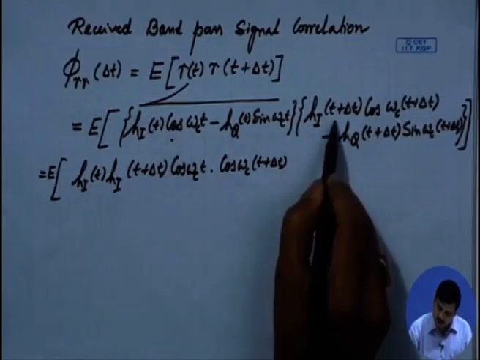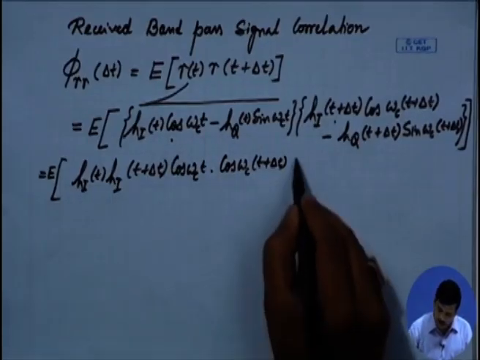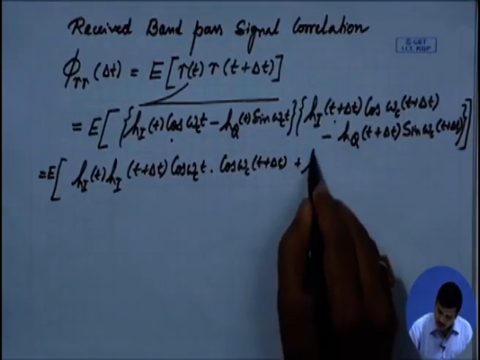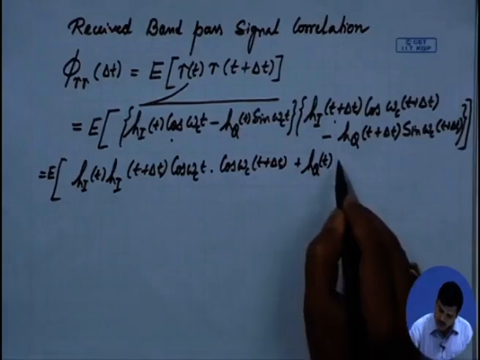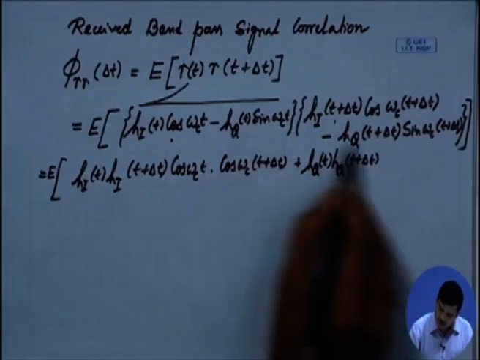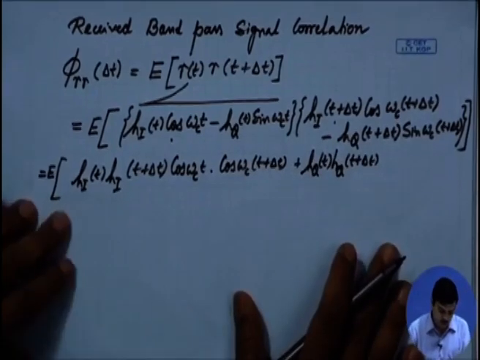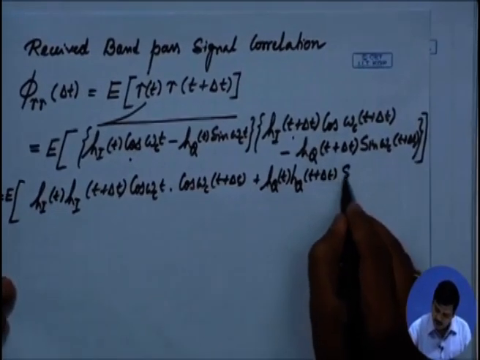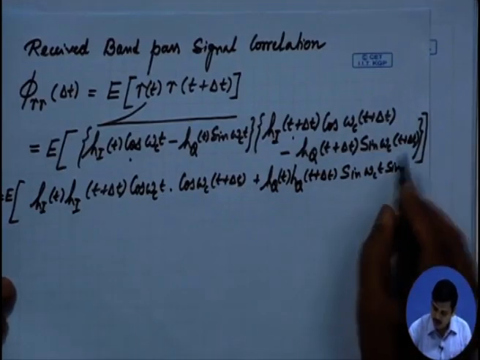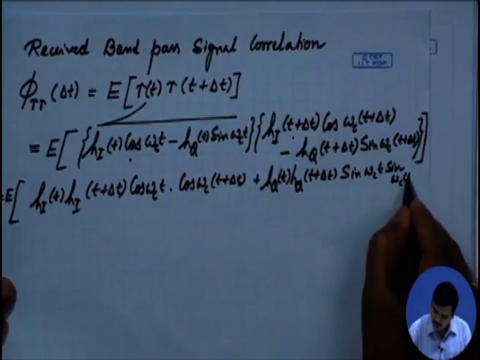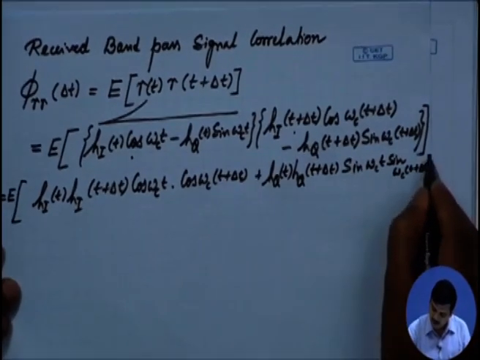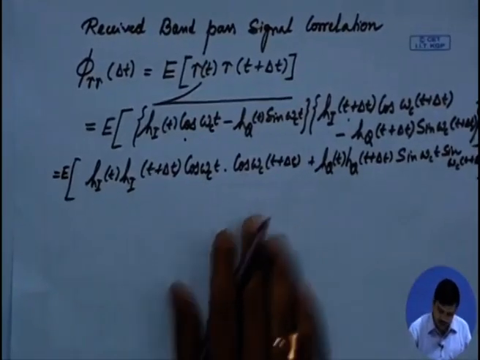That means we have taken these two products, plus we now have h q of t, h q of t plus delta t. So which you can identify, we are basically multiplying these two terms, and we have the sine and sine term, sine omega c t times sine of omega c t plus delta t. And of course there are the other terms.